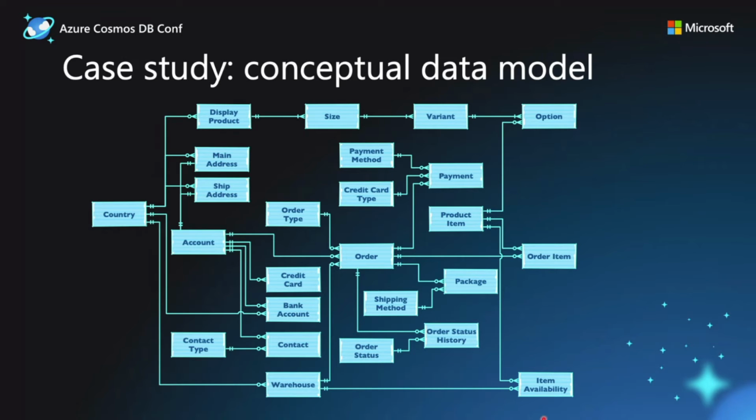So we're also interested in item availability here in different warehouses. And since the e-commerce platform is multinational, we have different websites in different countries. So we have different representations of the same product in different countries, which could also be served in different sizes, variants, and options. So that's briefly it about our data domain we're going to model, which is extracted from a real-world scenario.